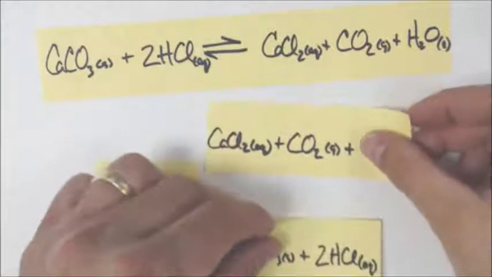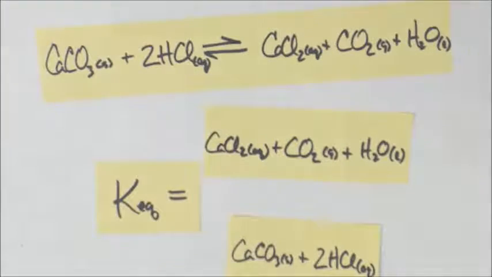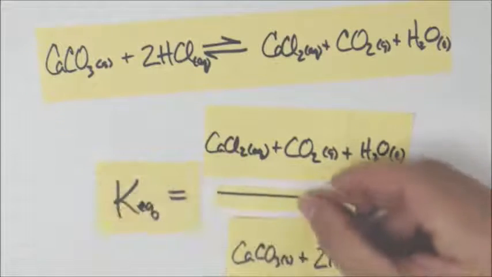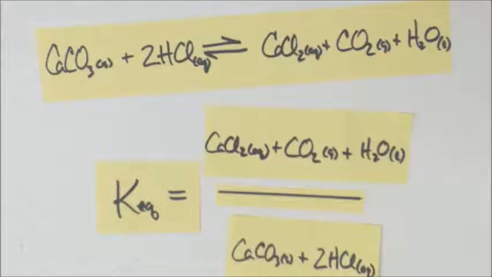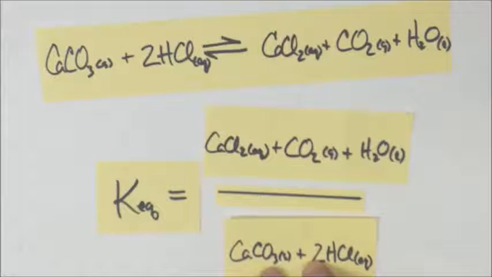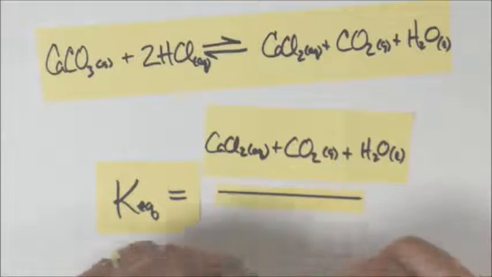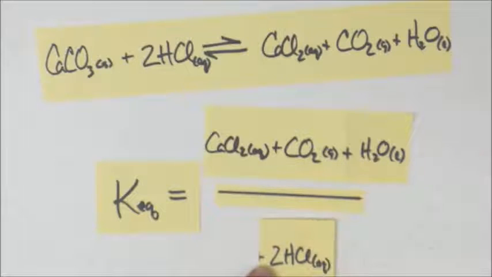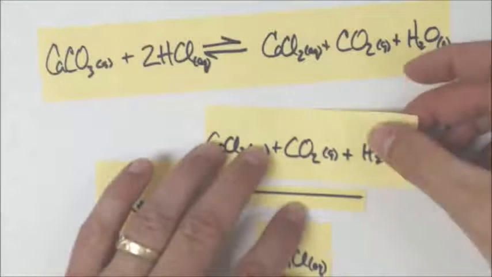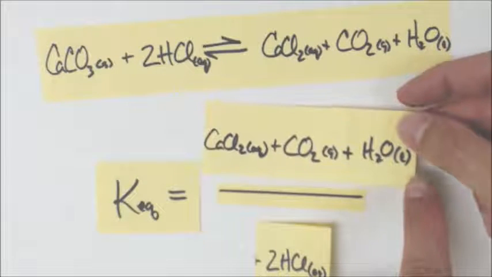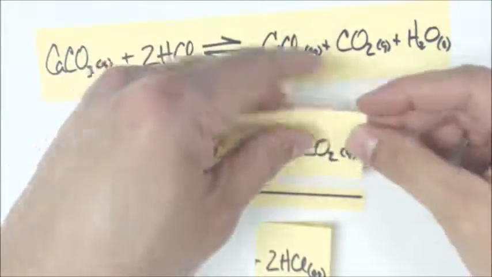So we're going to shift those products on top, reactants on the bottom. Put a dividing line there for the numerator and the denominator. And remember we want to use the notation. Notice that CaCO3 here is a solid, so we don't want to include that in the expression. So let me tuck that behind here. We're only going to use the HCl on the bottom. And on the top, H2O is a pure liquid. So we're going to tuck that one away. We're not going to use that in our expression either.